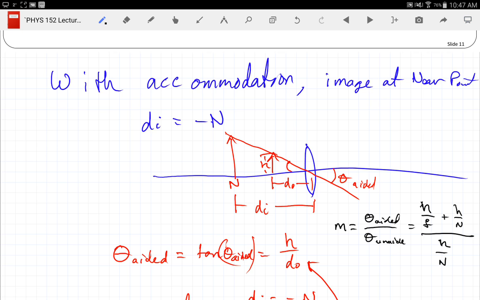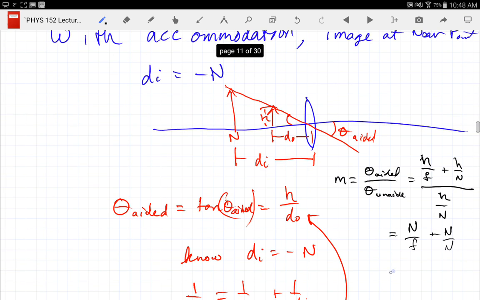Well, notice the h's everywhere cancel. And if I multiply top and bottom by n, this simplifies to n over f plus n over n. Of course, n over n is 1.